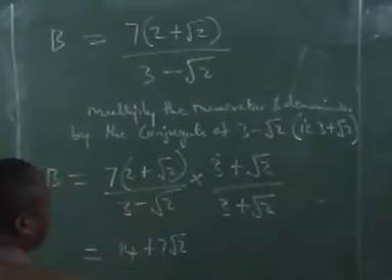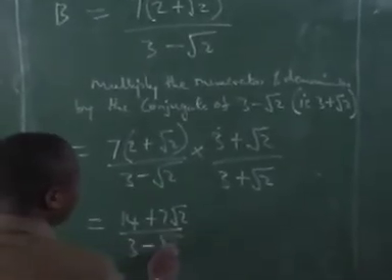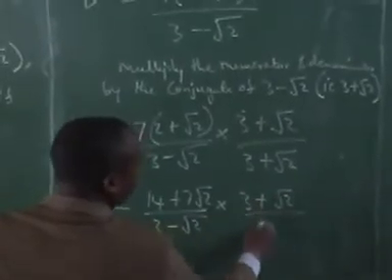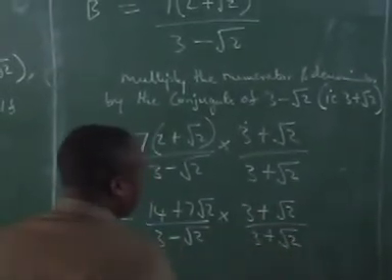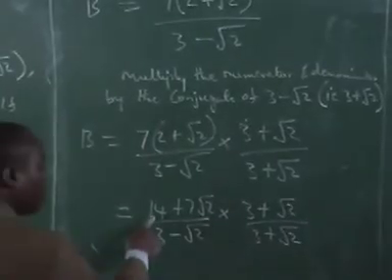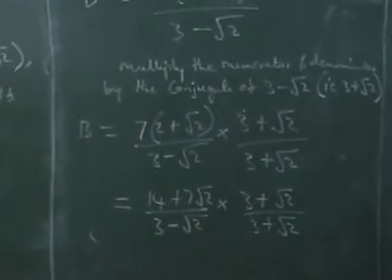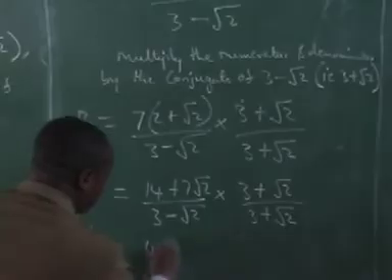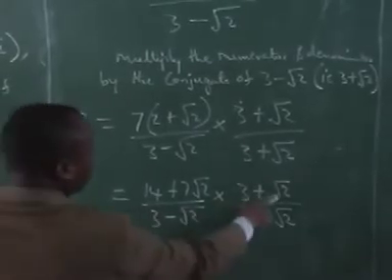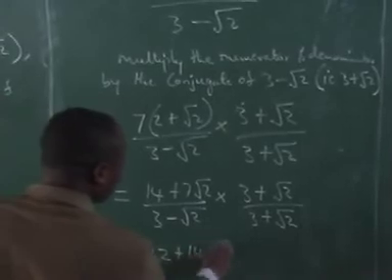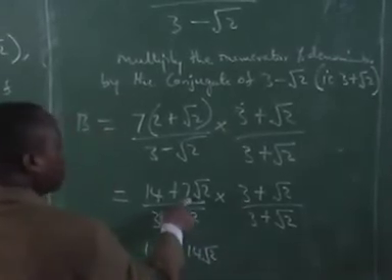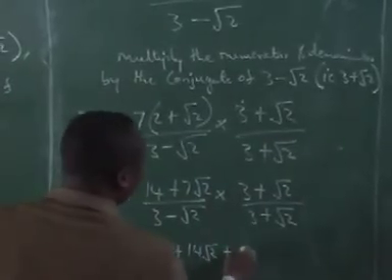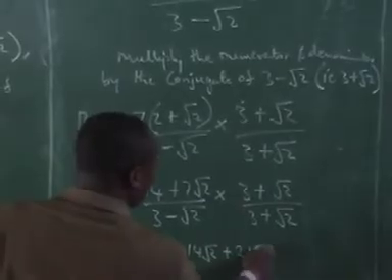Then I can use 14 times 3, which will give us 42. Now 14 times root 2, we have 14 root 2. Now 7 times 3 will give us plus 21 root 2.